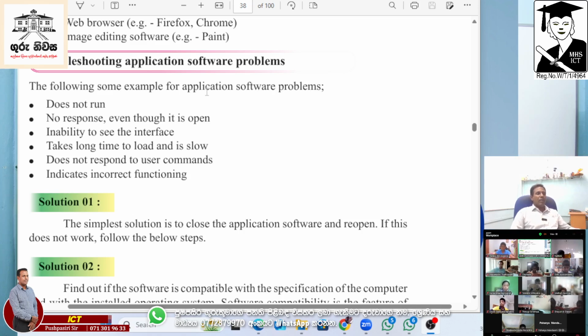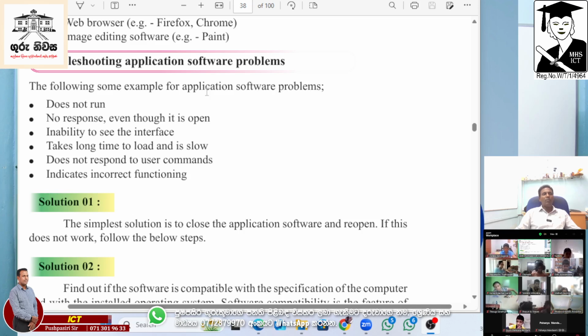Troubleshooting application software problems. The following are some examples of application software problems. Does not run. No response even though it is open. Inability to see the interface.